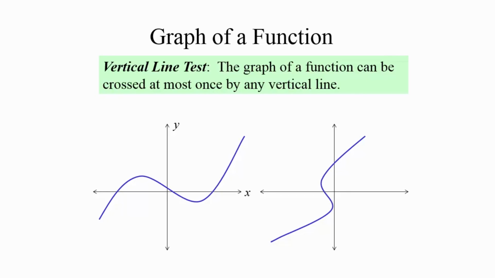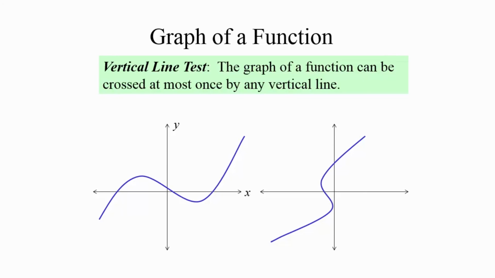Now, a test of a relationship between y and x being a function is the vertical line test, right? If you run a vertical line on the Cartesian coordinate, it should cut your curve in only one place.